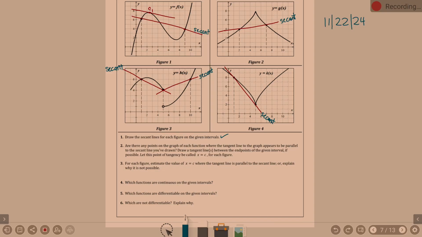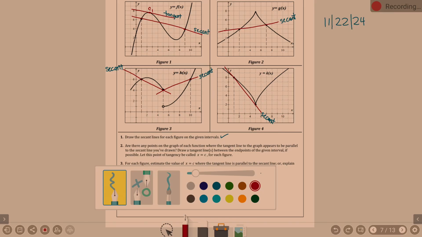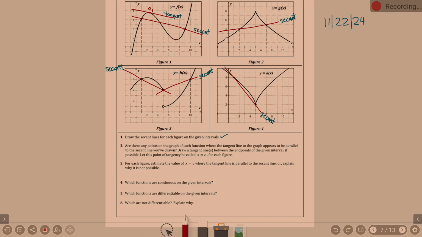Because there's a second tangent line, isn't there? So this is a tangent line. Do we have another spot where we can do a tangent line that is parallel to our secant line? Yeah, we can do one down below, I assume. And again, I'm making it more local. And I'm going to call that C2.